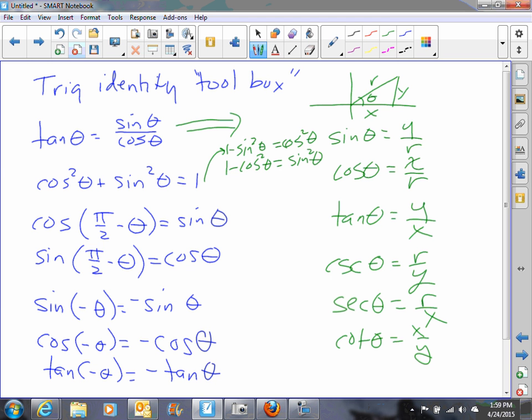Now also, if we divide this Pythagorean identity by the cosine squared of theta, we get 1 plus tan squared theta equals secant squared theta. And if we divide the Pythagorean identity by sine squared theta, we get cotan squared theta plus 1 is equal to cosecant squared theta.